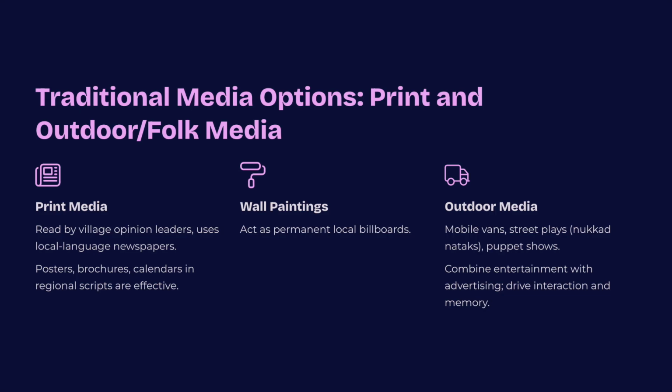Posters, brochures in local scripts and calendars are other effective print vehicles. Companies also extensively use wall paintings, a traditional advertising medium where brand messages are hand painted on walls of shops or houses along main village roads. These vibrant murals act as constant billboards in areas lacking formal hoardings.